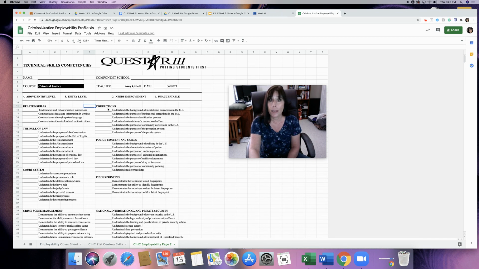Then we have corrections. Understands the background, and you know what? It'll take forever. You guys can read this, right? But they're talking about institutional corrections, classification, corrections officer, community-based corrections, probation, and parole.